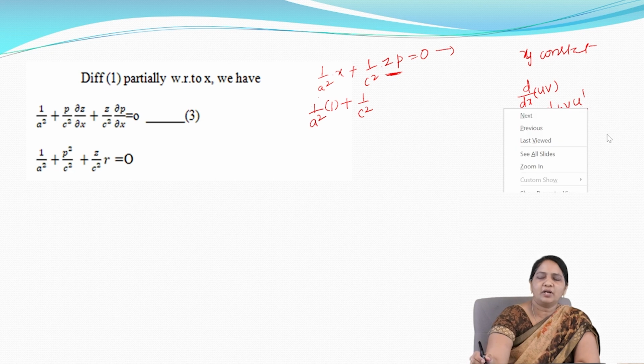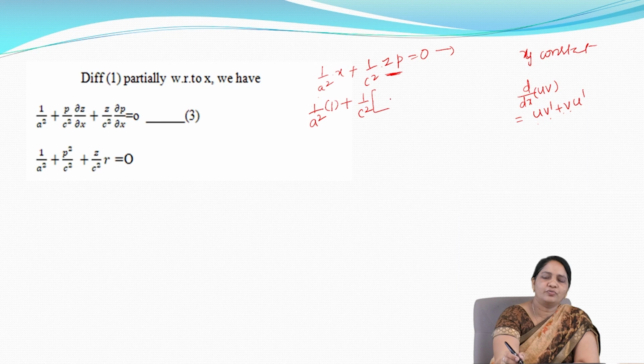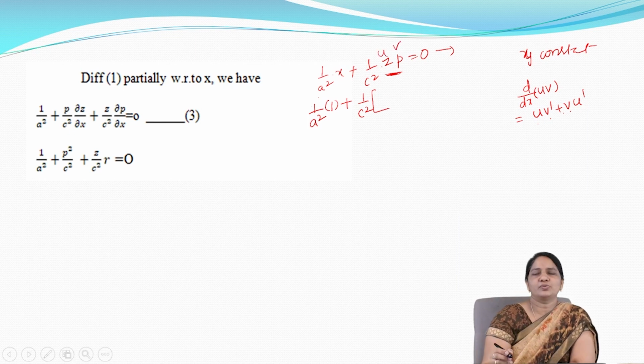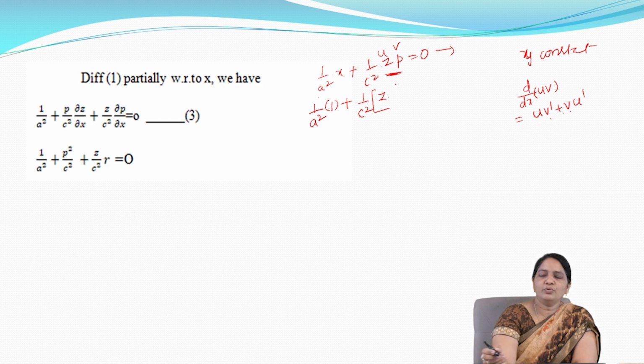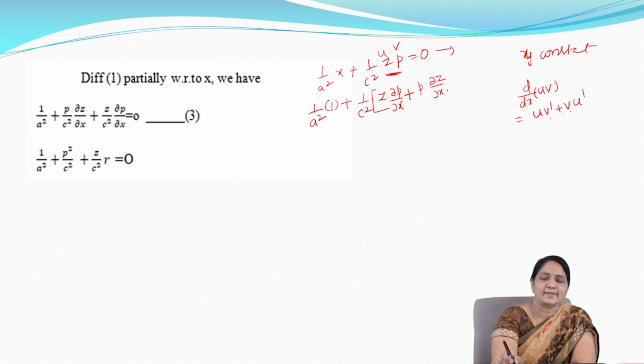So according to that, I am doing here 1 by c square into the u into v formula. Here u is z, v is p. So u into the derivative of v, that means z into dou p by dou x, plus v into the derivative of u, p into dou z by dou x.